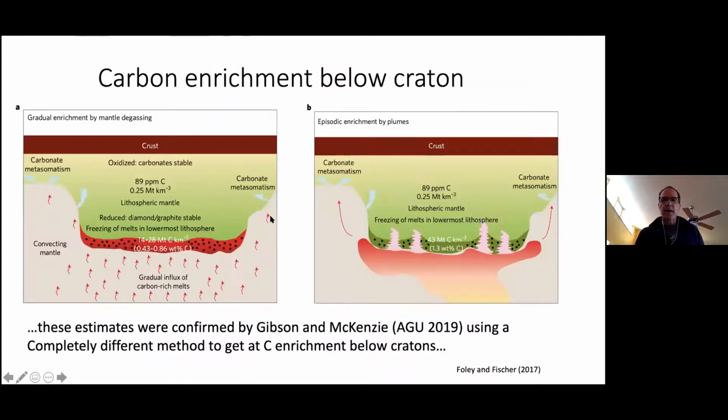Now, the source of the CO2, we have thought about, where does the CO2 come from? And our idea, working with Steve Foley, was that over time, this carbon accumulates underneath the craton and gets stored underneath the craton for billions of years.